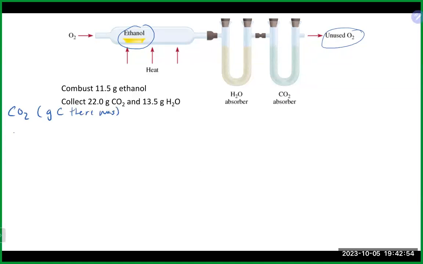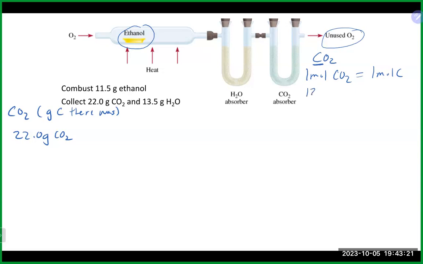So starting with 22 grams of CO2, if I take my CO2 formula, I know that 1 mole of CO2 will give me how many moles of carbon? 1 mole of carbon in this case, just from the formula. Just like we did earlier today, we can't really use that relationship until we convert our CO2 into moles. So we will need the molar mass to do that.